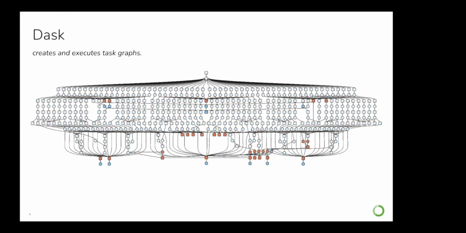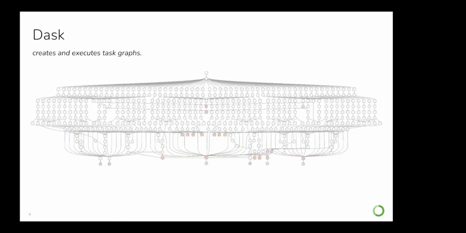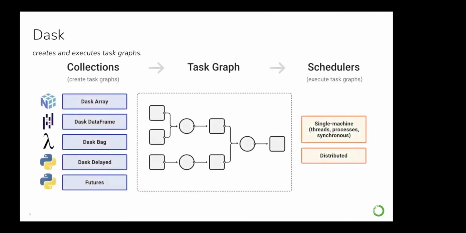There are nodes in the graph and connections between the nodes, and the colors changing show tasks finishing and becoming dependencies to later tasks. This is a very complete but high-level picture of what Dask does. It will generate this graph and provides the engines for execution.